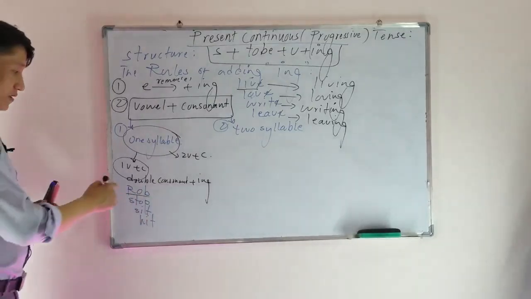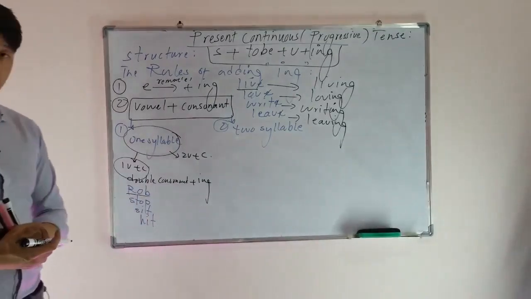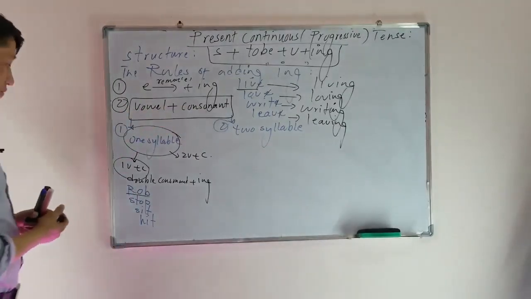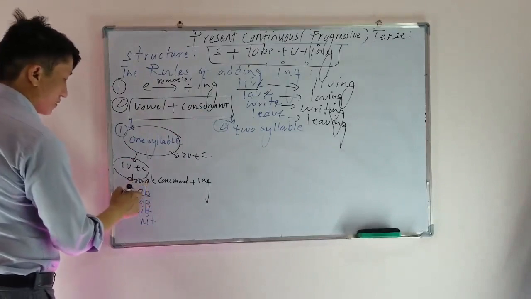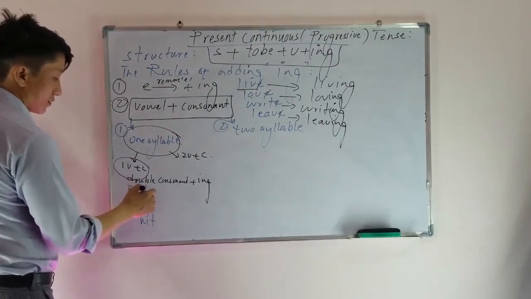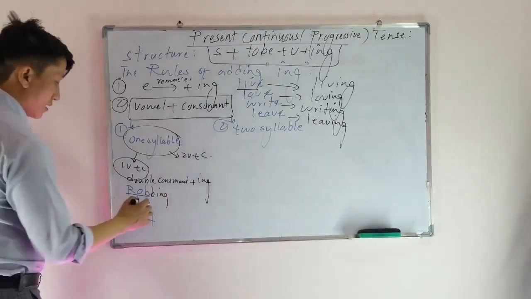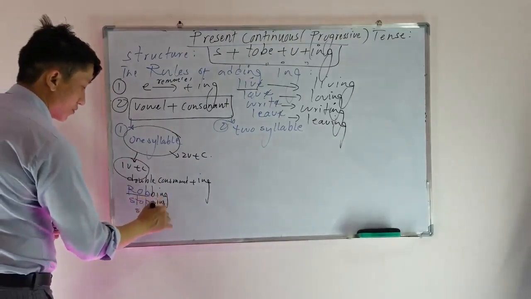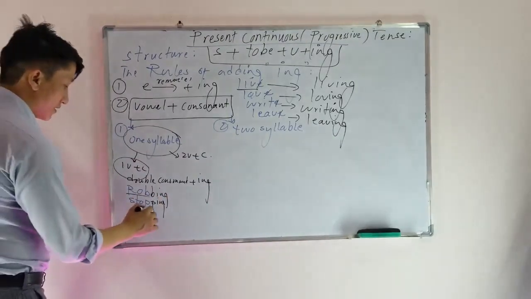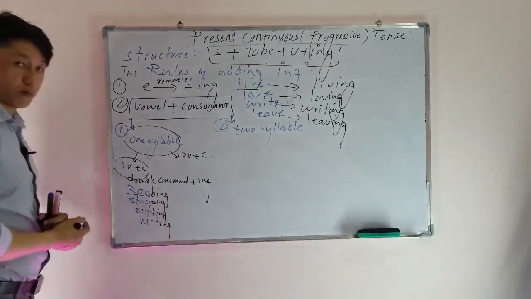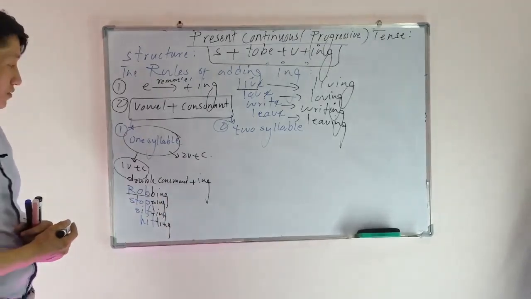It finishes with ob. O is the vowel and B is the consonant. Vowel plus consonant. So what do we do here? It's 1 vowel plus consonant, so we double the consonant and add ing. Rob becomes robbing. Stop becomes stopping. Sit becomes sitting. Hit becomes hitting. Swim becomes swimming. Beg becomes begging, and so on and so forth.